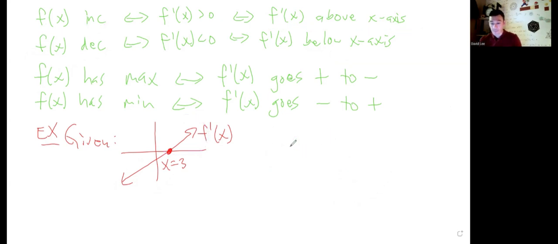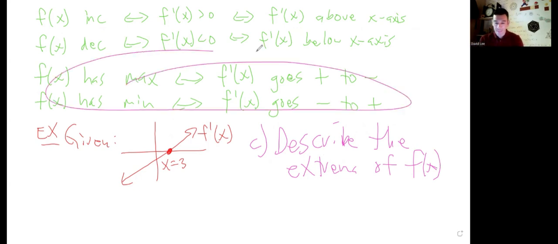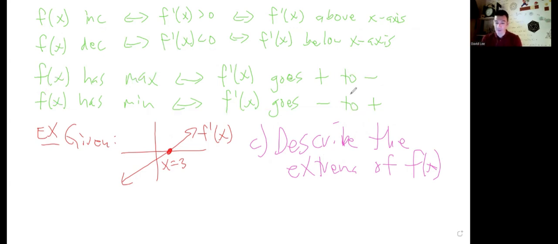What about part C? Part C says this. Describe the extrema of f of x. So the extrema are the maxes and mins. So that's what these sentences here in green mean. f has a max or a min when the derivative goes positive to negative or negative to positive. Well, this derivative goes from negative to suddenly positive, and that's it.